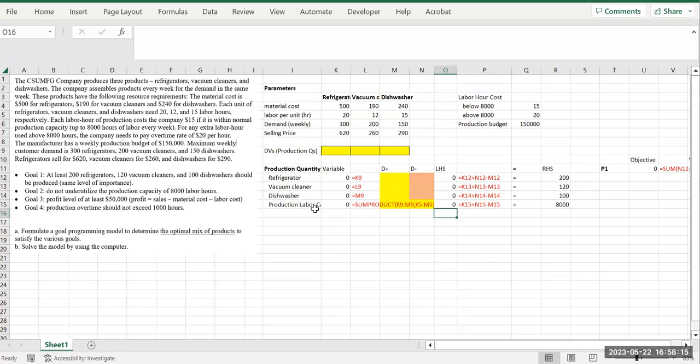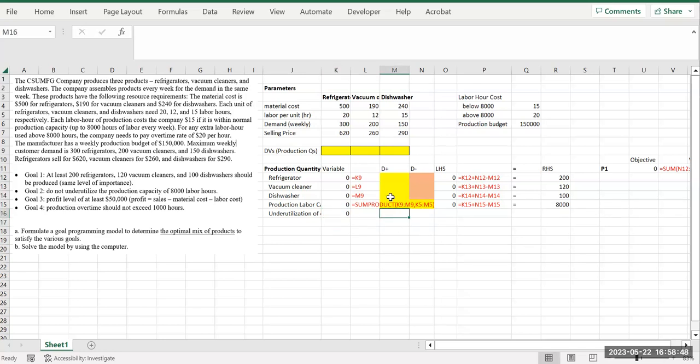Now, for the second goal here, it says do not underutilize the normal production capacity. So here is actually underutilization of production capacity. That's what we're trying to avoid. So underutilization would be the negative deviational variable, going under 8,000 on production capacity. That's what we want to avoid.